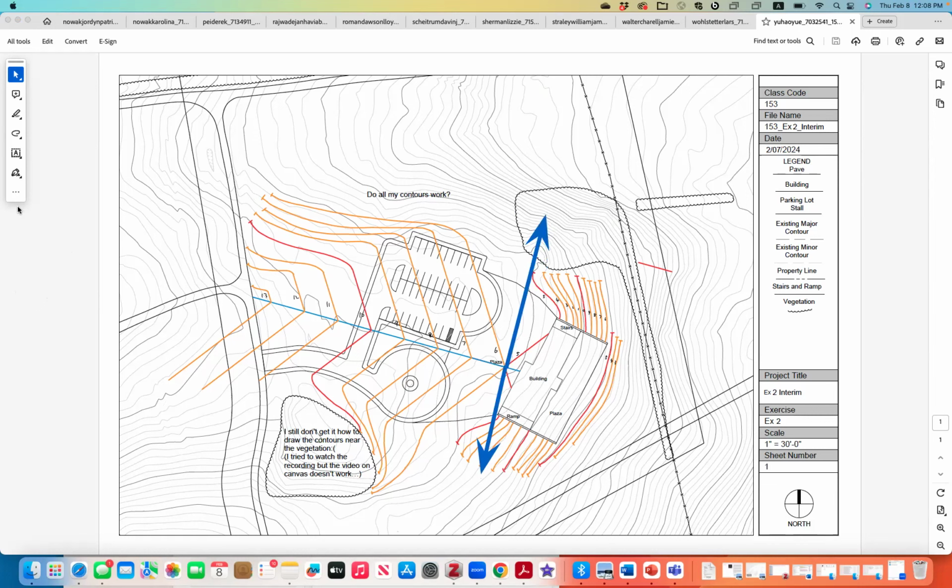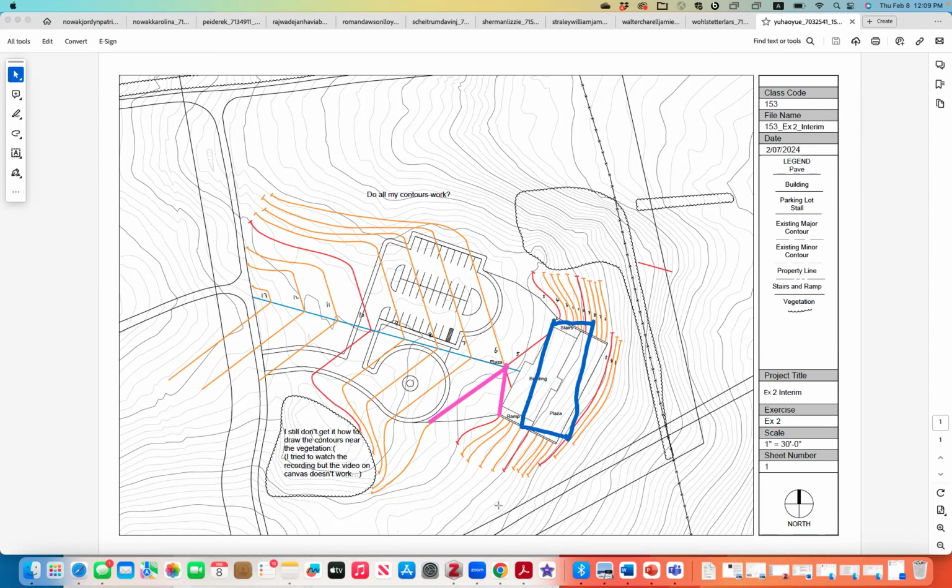So we have a couple of ways. We can rotate the building like this, so at least your building is parallel to the swale, and move it a little bit away. I think that's a better solution. And the other thing we can do is change this contour to be like this.